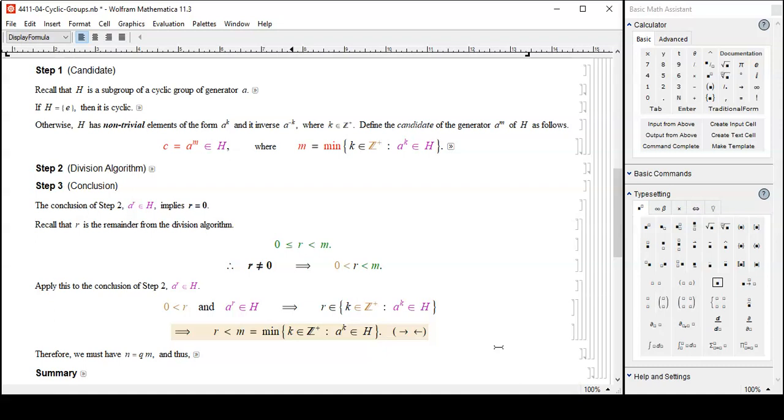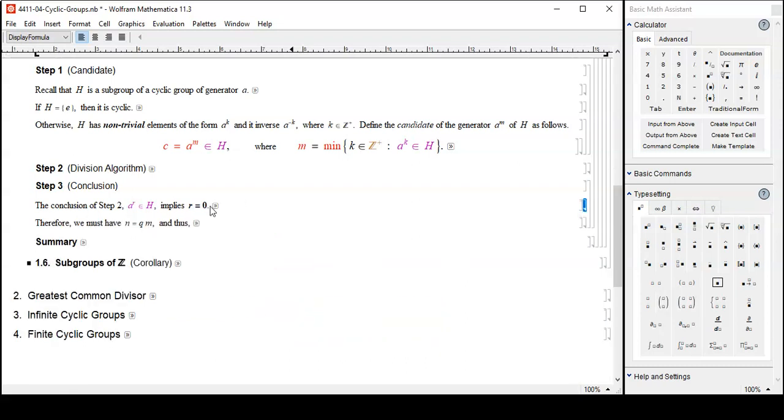And what causes the contradiction? Well, we assumed r is non-zero. That's the reason. If r is allowed to be 0, then purple is of course always true because we proved it in step 2, but we don't have brown anymore. R does not belong to Z plus, so no contradiction. So the conclusion, r has to be equal to 0.